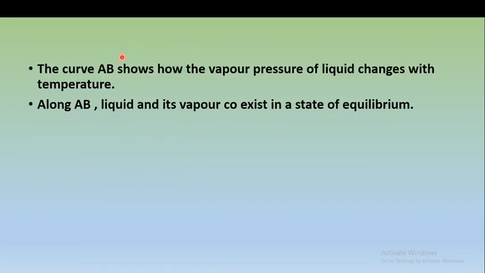The curve AB shows how the vapor pressure of a liquid changes with the temperature. As the temperature increases, the curve AB in that diagram shows how the vapor pressure of the liquid changes. Along AB, liquid and its vapor coexist in a state of equilibrium.